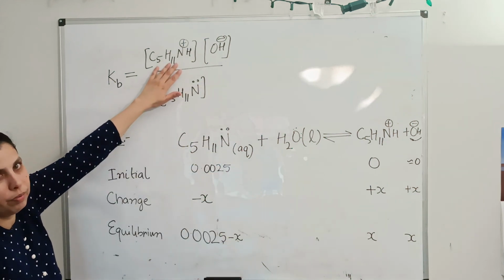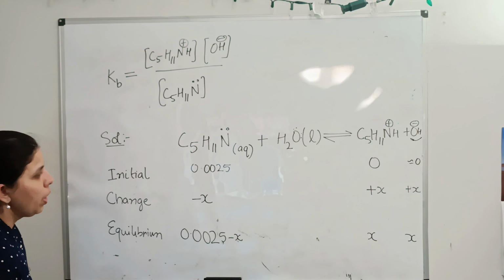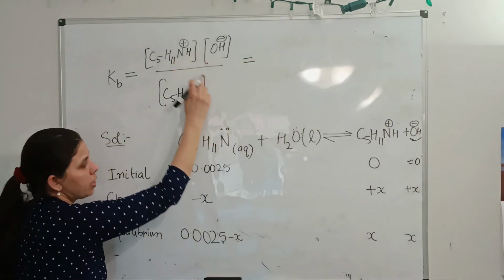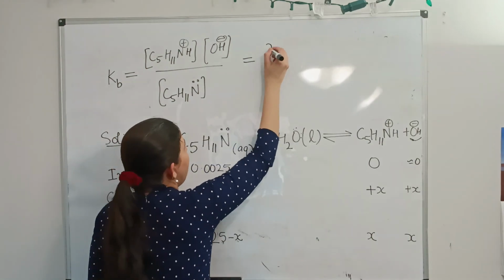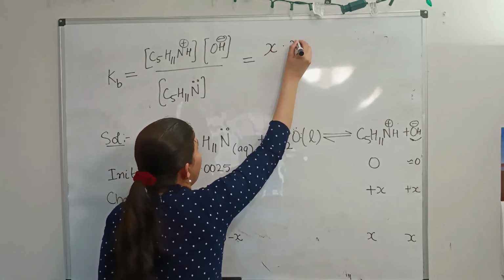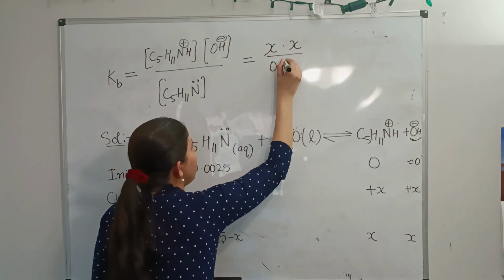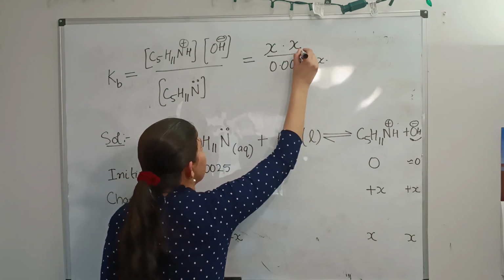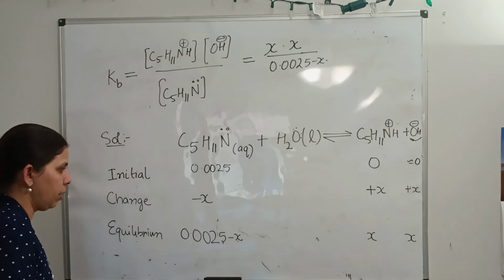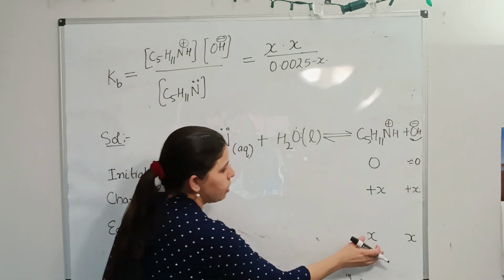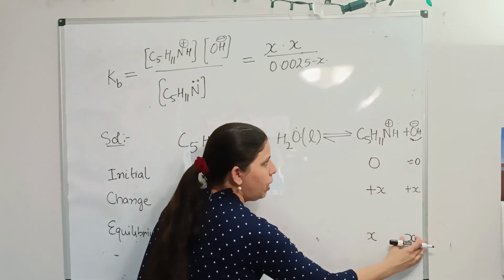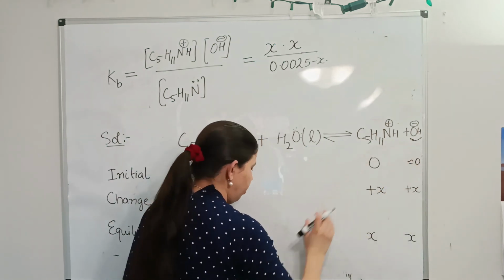The concentration of this is X, so X multiplied by X divided by 0.0025 minus X. Mind it, X is the concentration of protonated piperidine, as well as the concentration of hydroxide ions.